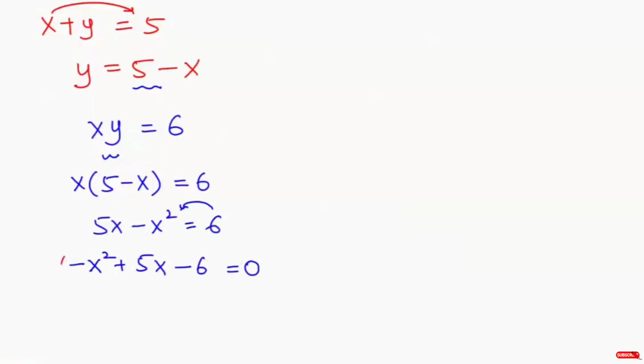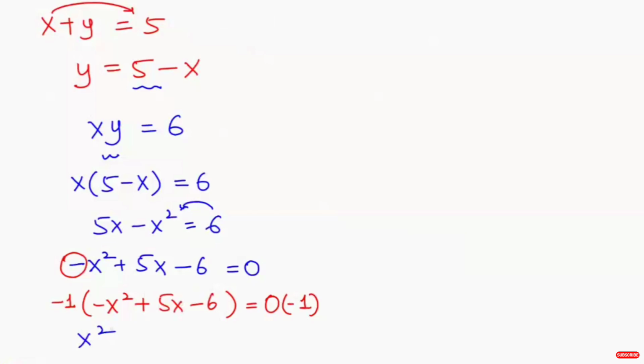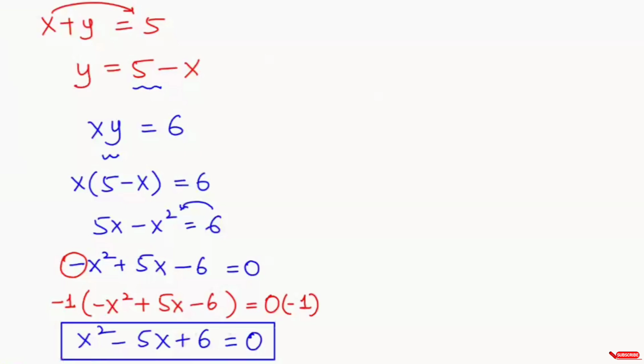For removing this negative sign, I'm going to multiply both sides by negative 1. So this will turn to minus minus plus x squared, minus plus minus 5x, minus minus plus 6 is equal to 0. I am going to factor this equation.